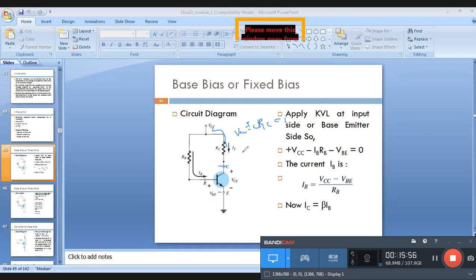Take IC outside: IC is VCC divided by RC. Now VCC is 12 volts, RC is 1.5 kilo ohm. K is nothing but into 10 to the power of 3. How much did you get?